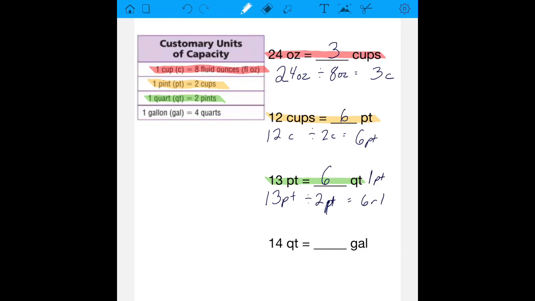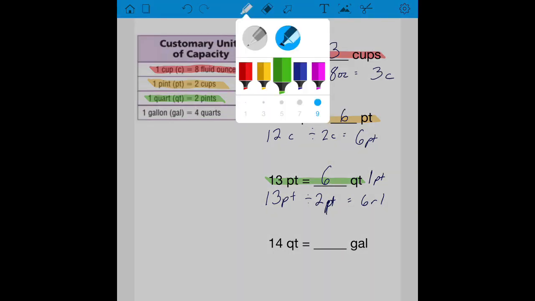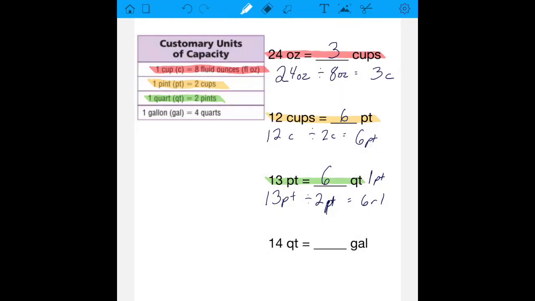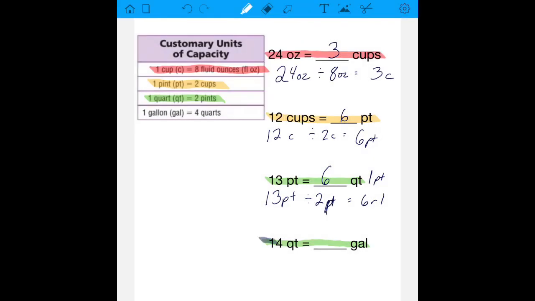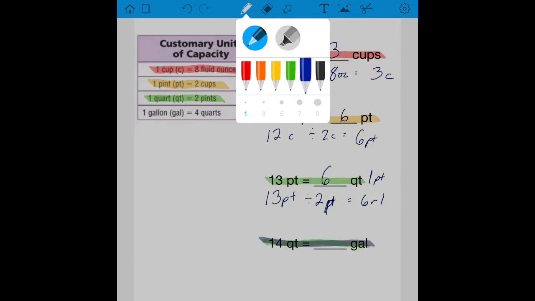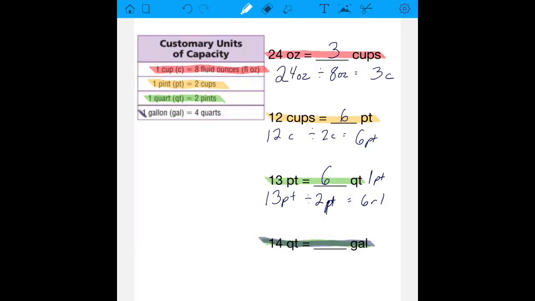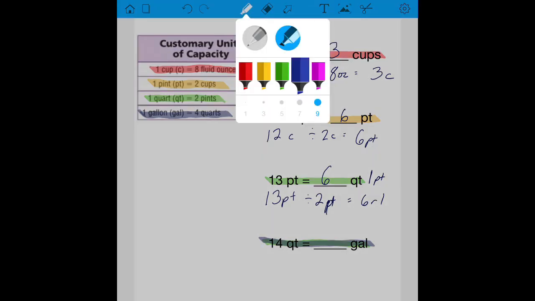Now we take a look at this last problem here. With this last one, I am going to be converting 14 quarts over to gallons. And I'm going to re-highlight that one. In order to do that, I go back and I look at my chart again, and I know that 1 gallon is equal to 4 quarts.